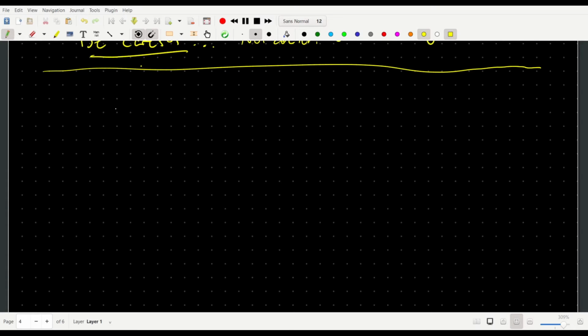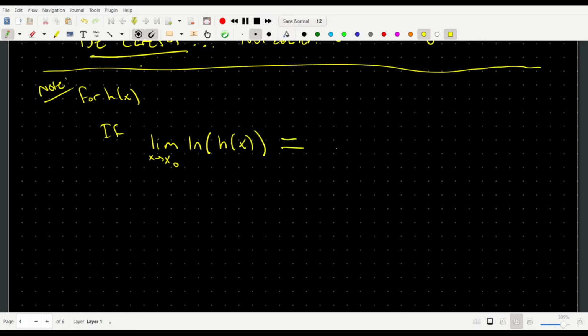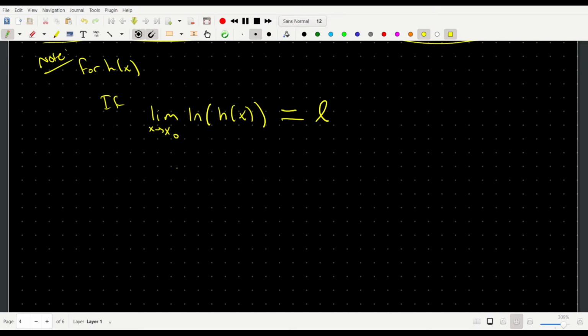Really, if we have, for some function h of x, this is a note: if the limit as x goes to x naught of ln, the natural log of h of x, is equal to some value, we'll call it the value lowercase l here, then we can also write the following.